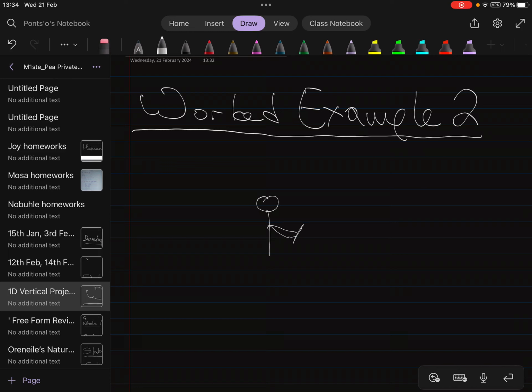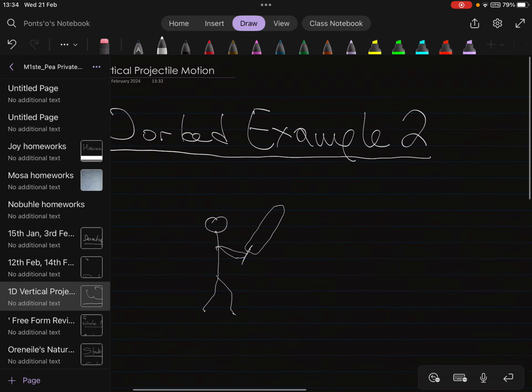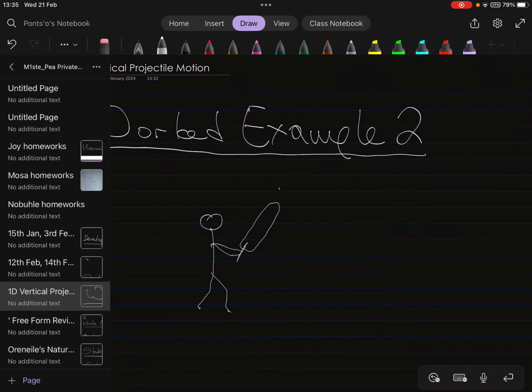So we have this example where a cricketer is hitting a ball during a cricket match. And that ball gets hit all the way up. Right? Yeah.